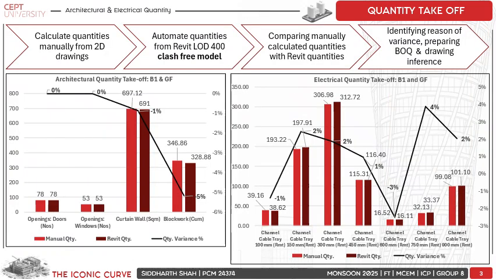So coming on to the quantity takeoff, once we obtained a clash-free LOD 400 model, we automated quantities from that model for structural works, architectural works, and all the four services: mechanical, electrical, plumbing, and firefighting.